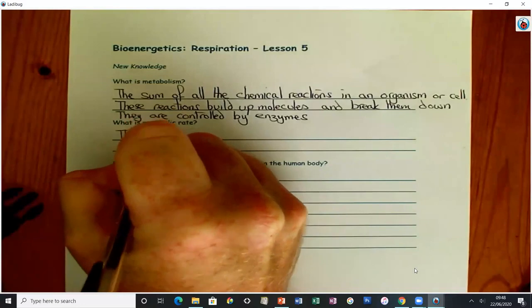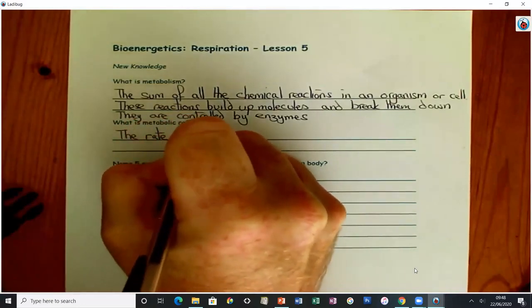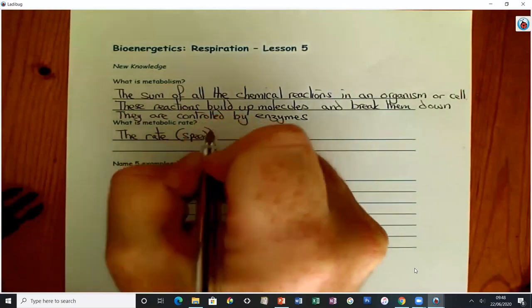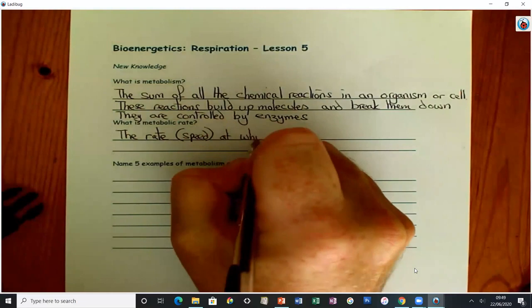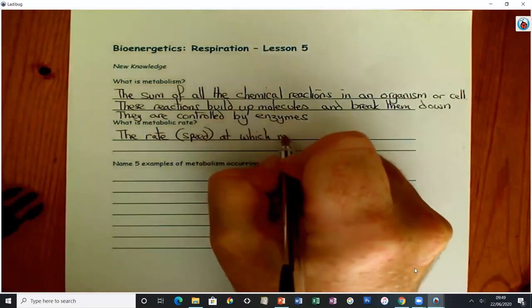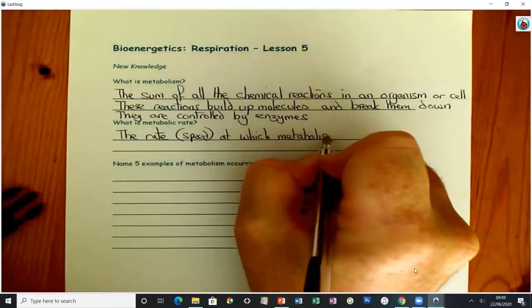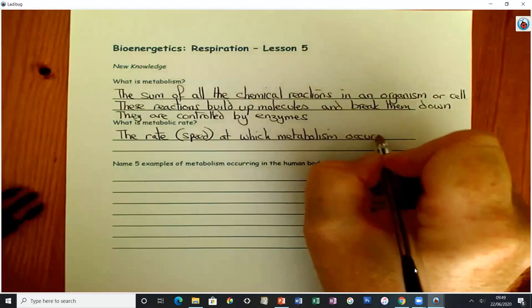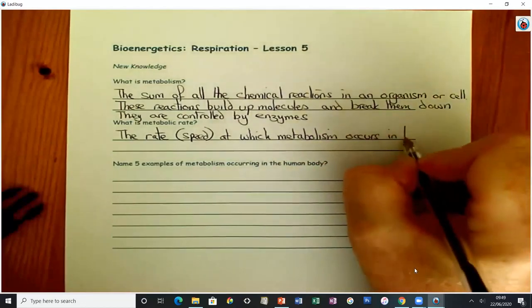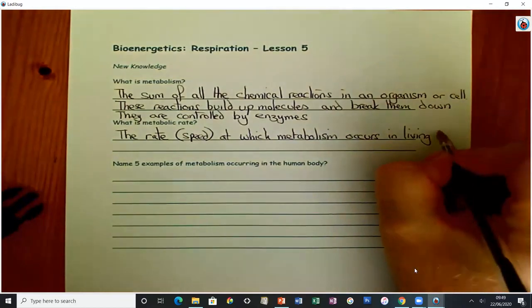The rate, or let's put in brackets speed, at which metabolism occurs in living things.